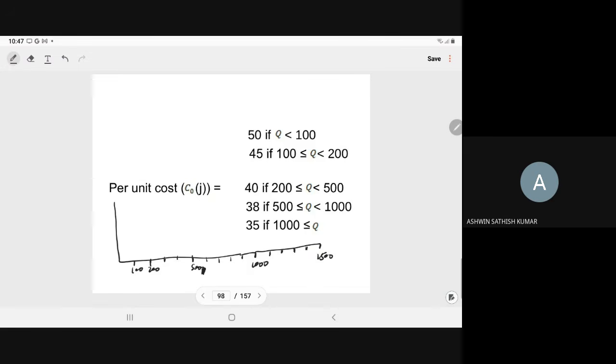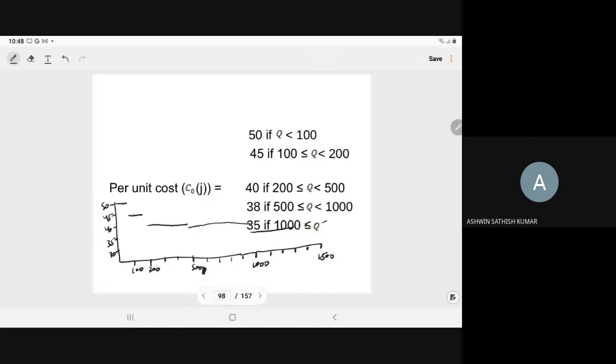And the prices are 50, 45, 40, 38, and 30. So if it is less than 100, then it is 50, then 45, then 40, then 38, and then we have 30. So this is the price discount.